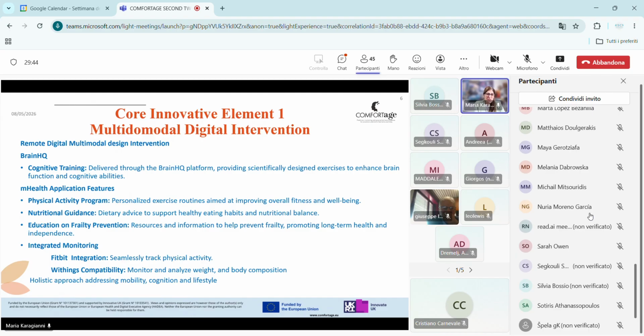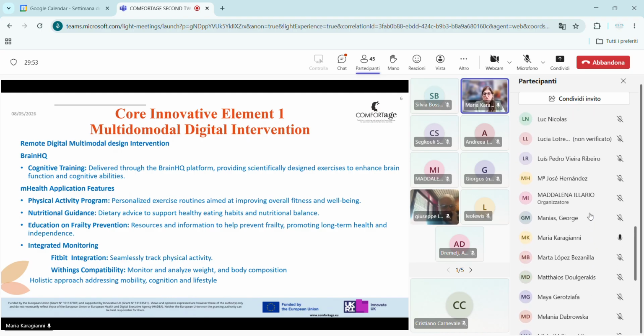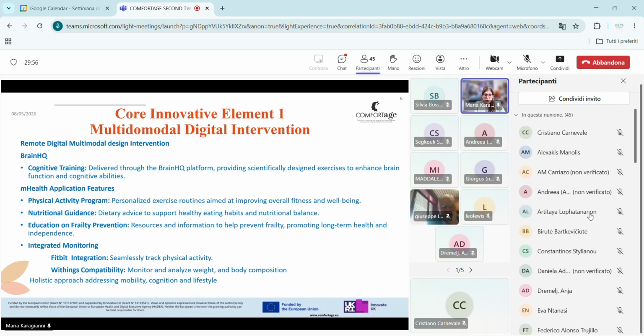Monitoring is integrated through Fitbit integration and compatibility. So we keep track of their physical activity, and monitor and analyze weight and body composition. This is a holistic approach to address mobility, cognition, and lifestyle.